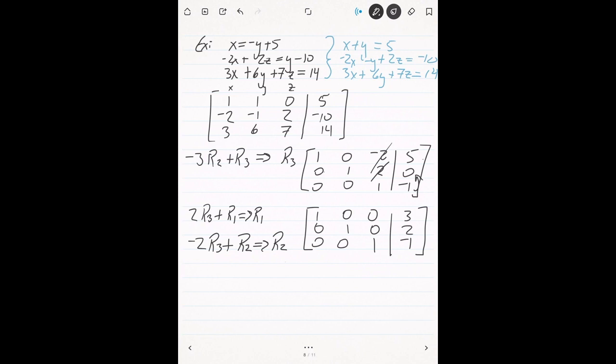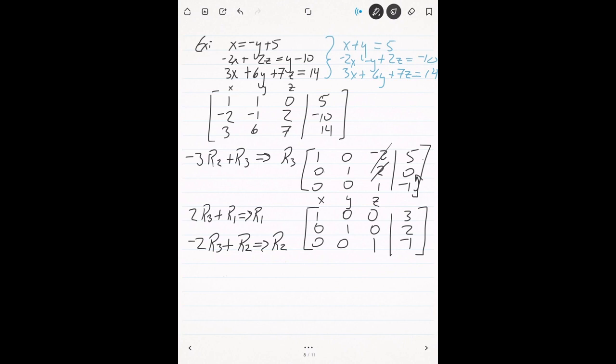So what we've done here is we have just put this in reduced row echelon form. We have ones on the diagonal starting from the top left, and every other term is a 0 except for the constants at the end here. Remember, these were all the x's, these were the y's, these were the z's.